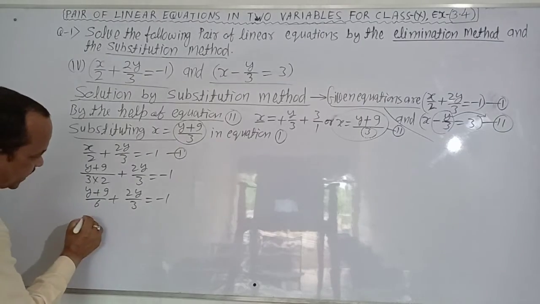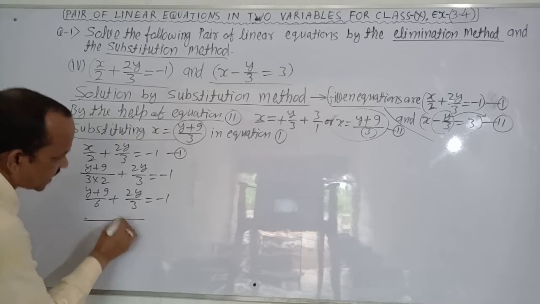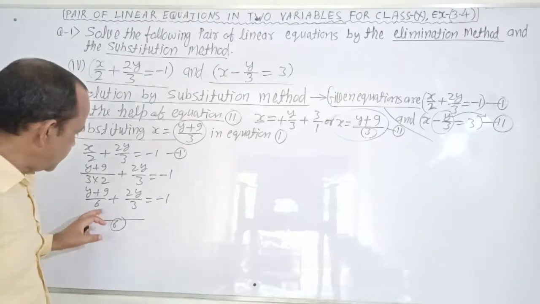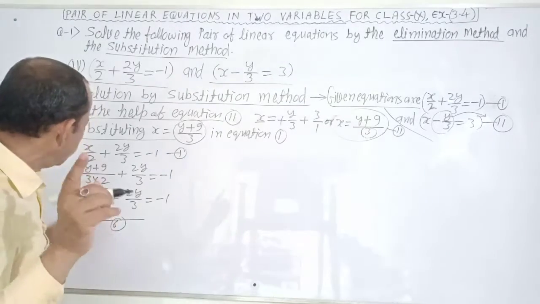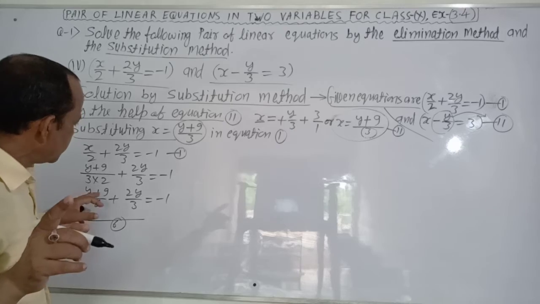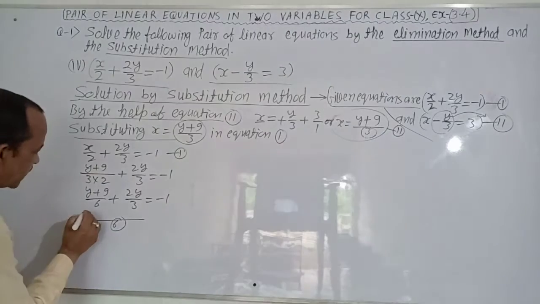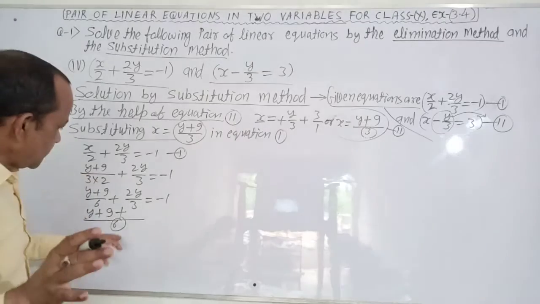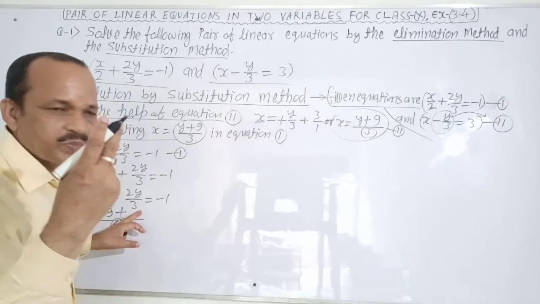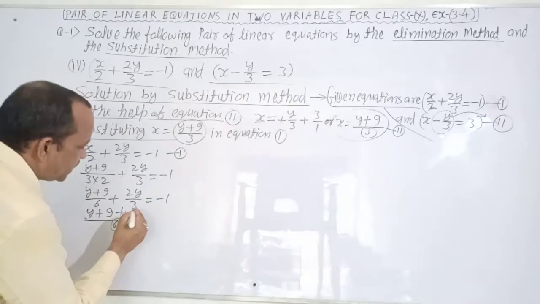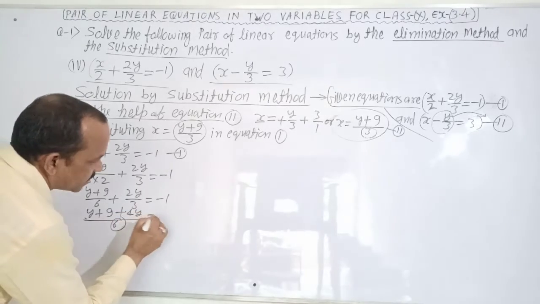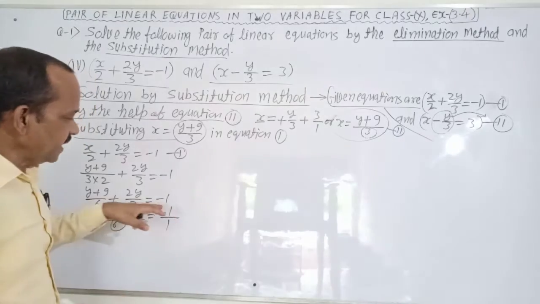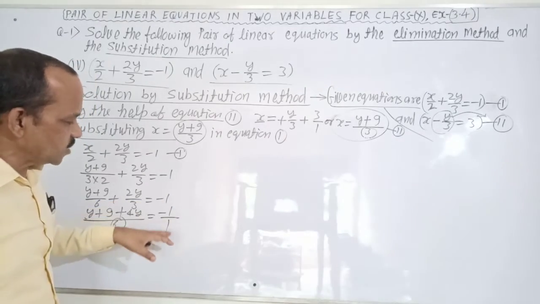Here you can take LCM of 6 and 3, which is 6. 6 divided by 6 you find 1, 1 multiply by y plus 9, it becomes y plus 9. Plus 6 divided by 3 you find 2, 2 multiply by 2y, it becomes 4y, equal to minus 1 by 1.